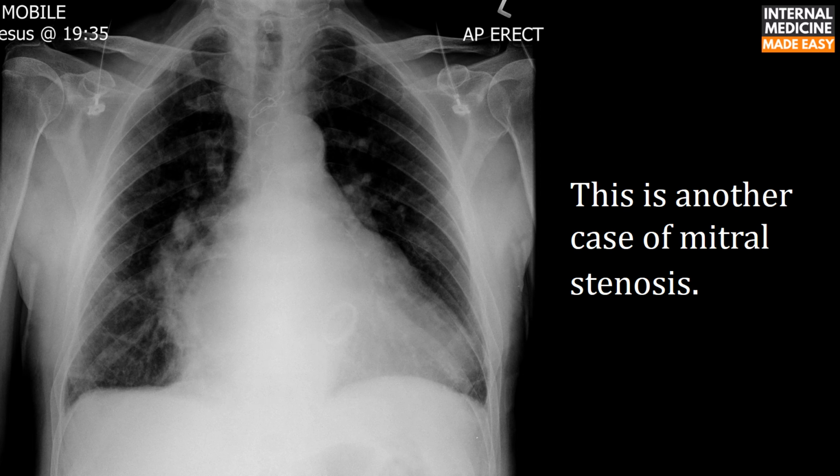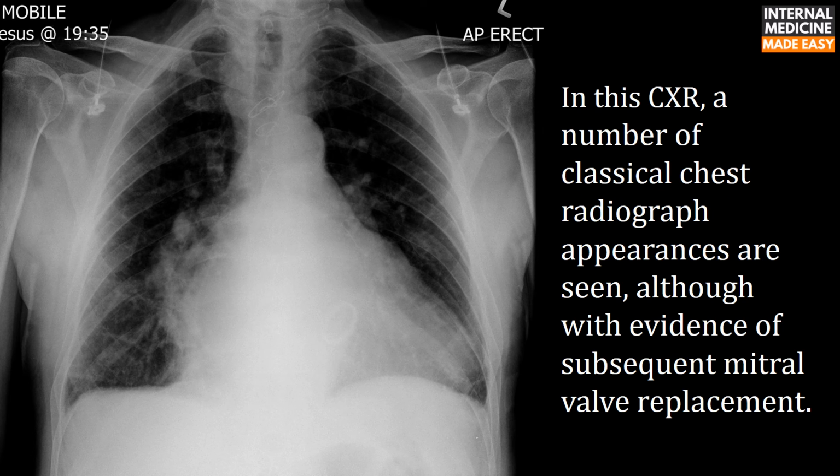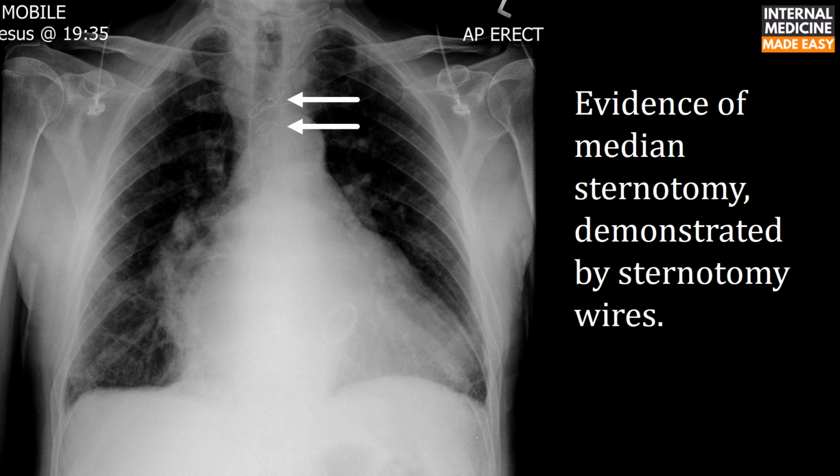This is another case of mitral stenosis. In this chest X-ray, a number of classical chest radiograph appearances are seen, although with evidence of subsequent mitral valve replacement. There is evidence of median sternotomy demonstrated by sternotomy wires.